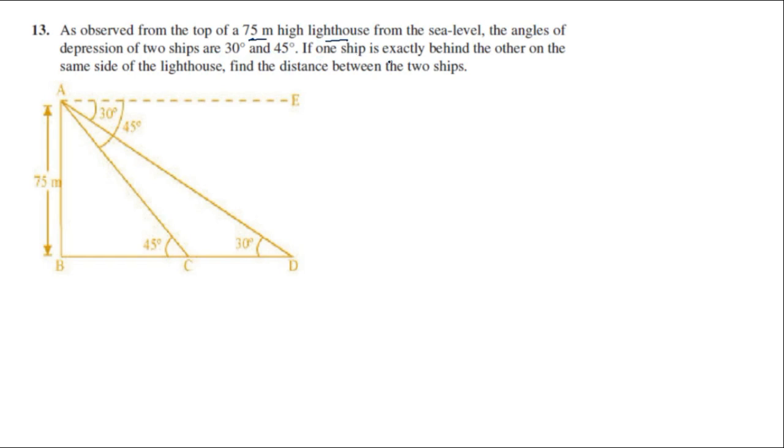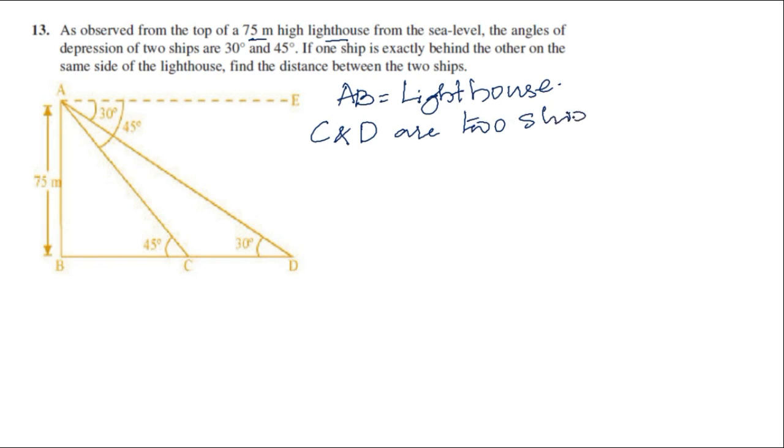If one ship is exactly behind the other on the same side of the lighthouse, find the distance between the two ships. Here, AB is considered as the lighthouse. C and D are two ships.